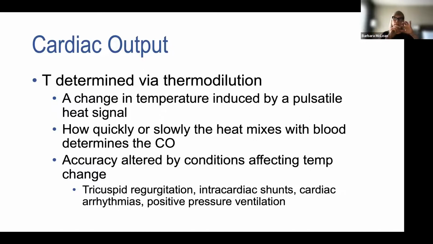That thermal filament is going to pulse heat every 5 to 10 seconds, changing the blood temperature. And what we're going to see is how quickly or slowly the blood temperature returns to normal, which is evaluated by an algorithm as cardiac output.